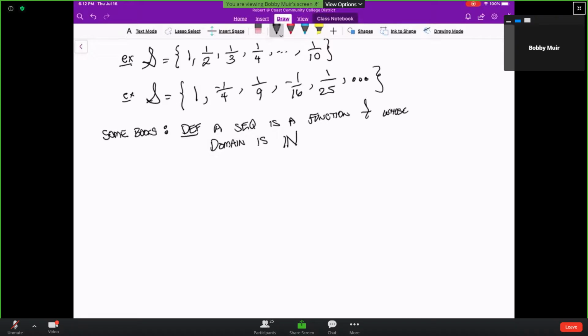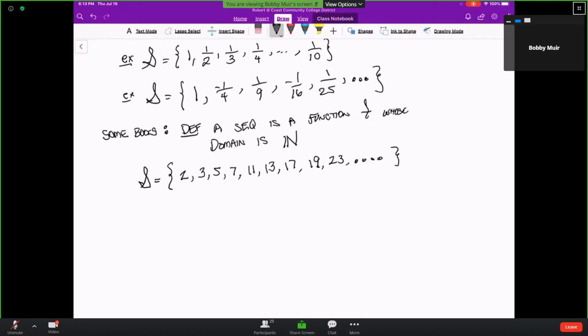Now, I don't like this definition for a few reasons. For one, and this probably is the only reason I need for this, 2, 3, 5, 7, 11, 13. What am I writing down? All prime numbers. Okay, so this is the list of the prime numbers.